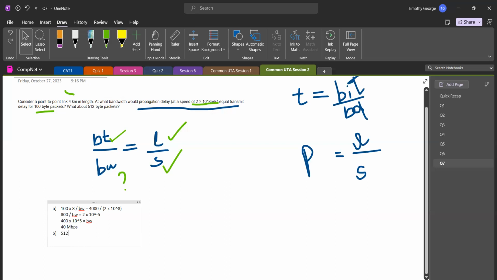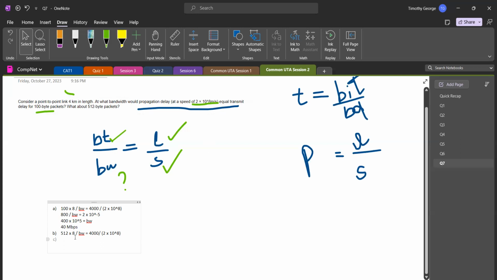So 512 converted into bits, multiply by 8, divided by BW, equals length 4,000 divided by speed 2 into 10 to the power 8. Once we simplify, we can get the answer for bandwidth.